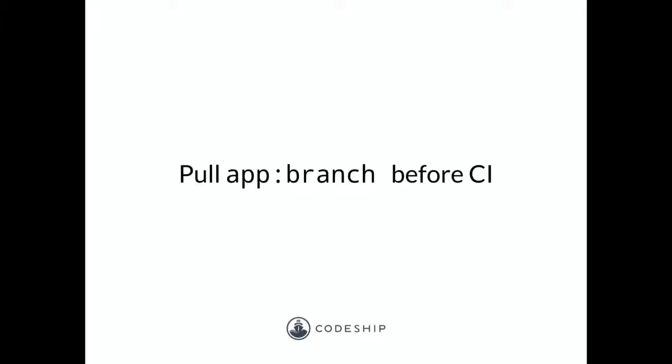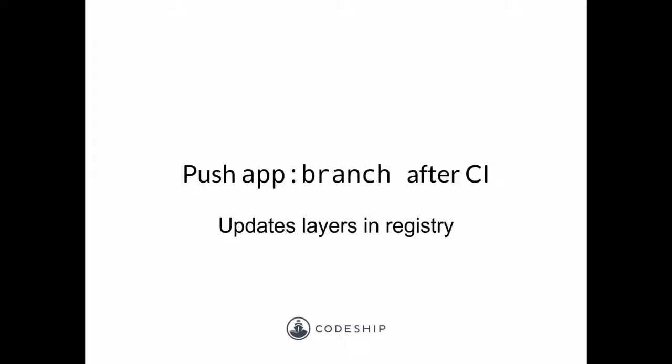And all that really means is you're going to pull it down before you run CI and then push it after your CI is done. And you could even background this after you do your builds and push it back in. You just want to tag these things with non-production tags. So you can add prefixes or suffixes or whatever makes sense for you, naming them so that you can keep those separate from what you're actually shipping.